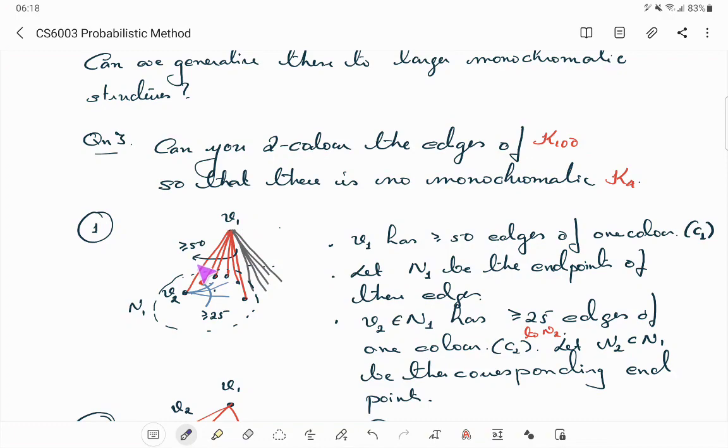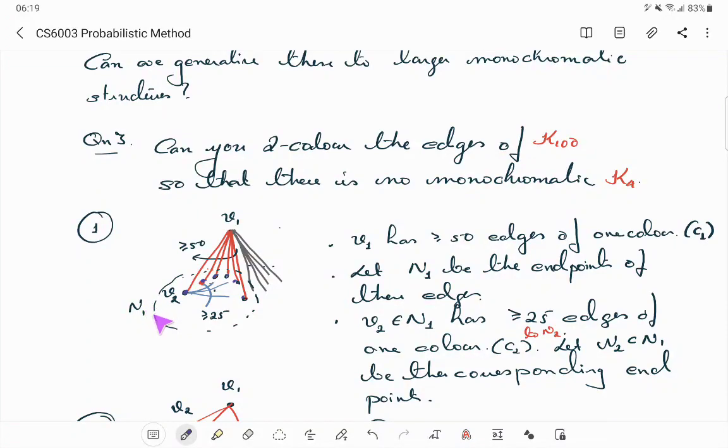V1, as I told you, has 99 edges incident onto it, which means at least 50 of them are of the same color. There could be much more than 50 of them, but I only want this lower bound guarantee on the number of red edges. So the other endpoints of those red edges, which I have marked here, let me call them N1.